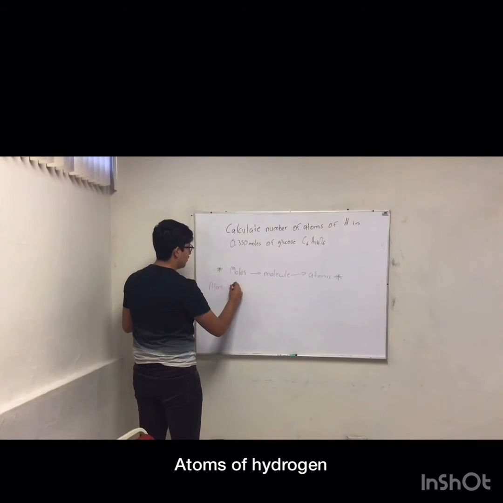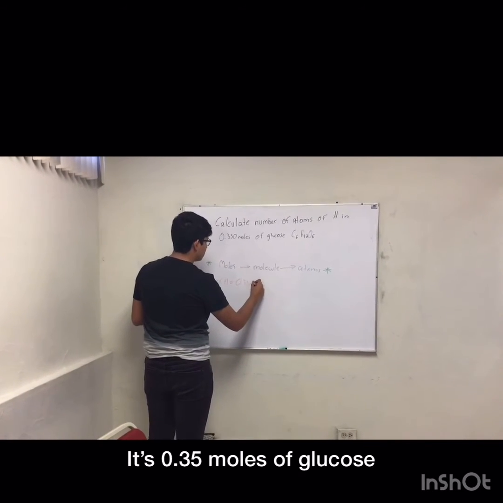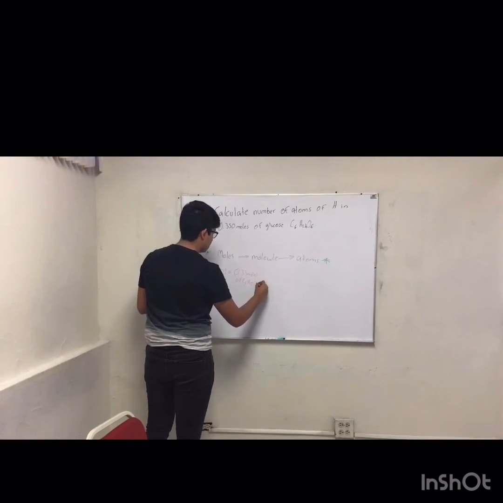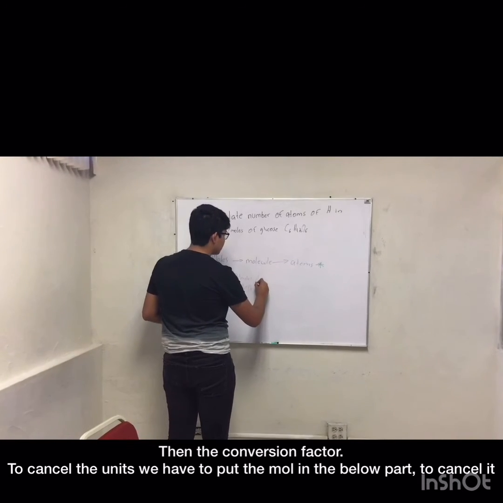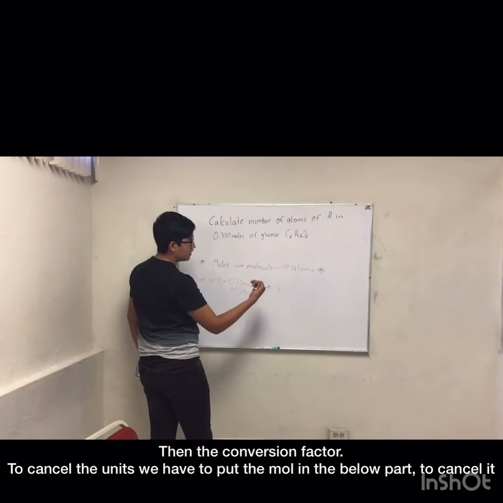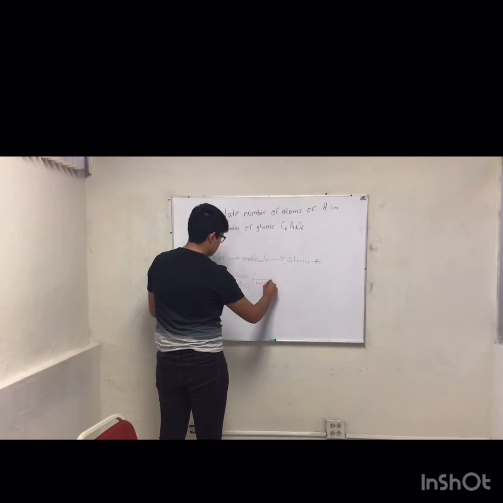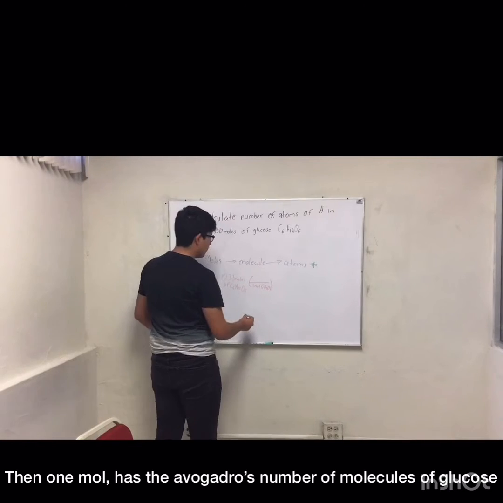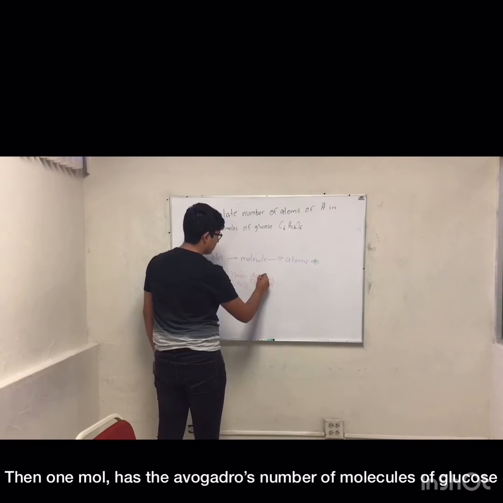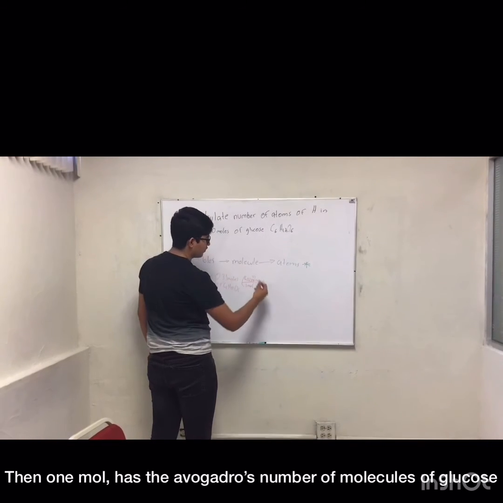Atoms of hydrogen, it's 0.35 moles of glucose, and then the conversion factor. To cancel the units, we have to put the mole in the lower part to cancel it. Then 1 mole has the Avogadro's number of molecules of glucose.